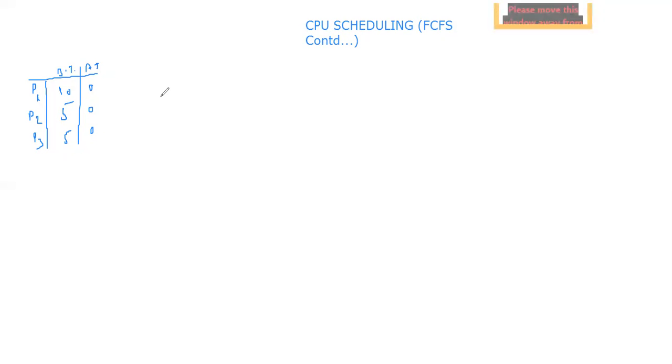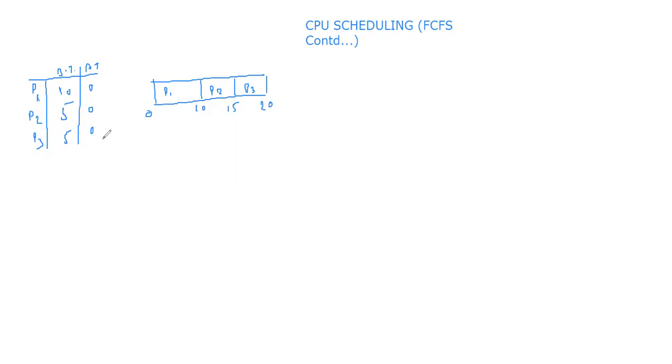So we are going to start with the same one. We had designed a Gantt chart for this, and what was the Gantt chart? Since the processes arrived in the same order, P1 starts first and at 10 units of time it is completed, then P2 starts at 10 and completes at 15, then P3 starts and at 20 it is completed.